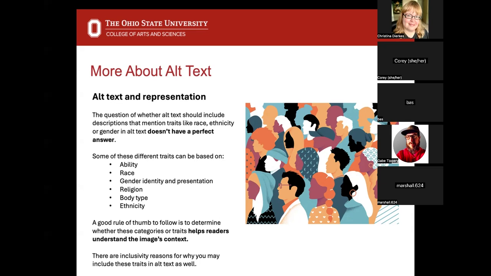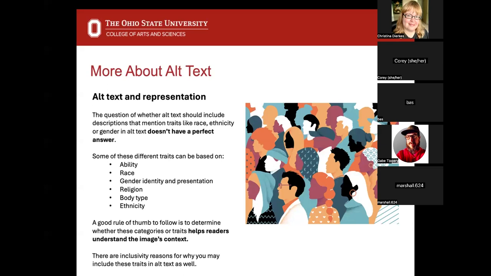Now, if there is some context to the image where this might make sense, say you have a history website covering the civil rights era, then it would probably make more sense to include something like race in the alt text description, because that is going to help convey the context. So that is just something to keep in mind.